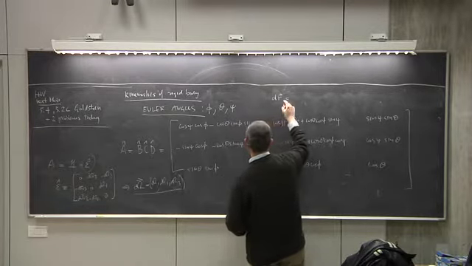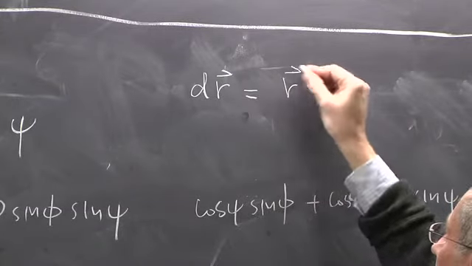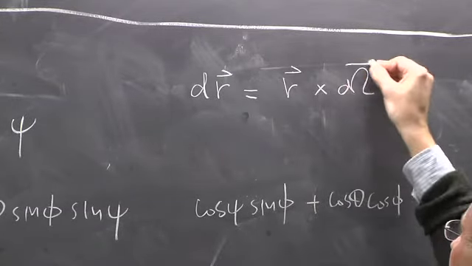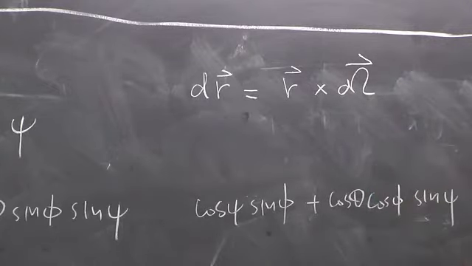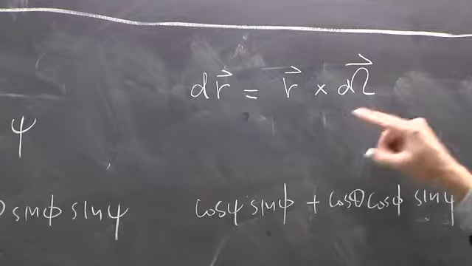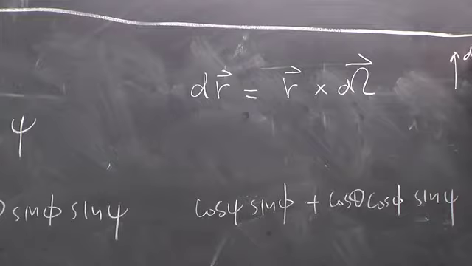under the action of a rotation, you remember that was something like this, where this rotational angle is really a vector. To draw this, you remember this is a vector product. So you want the vector that describes the rotation to point this way.